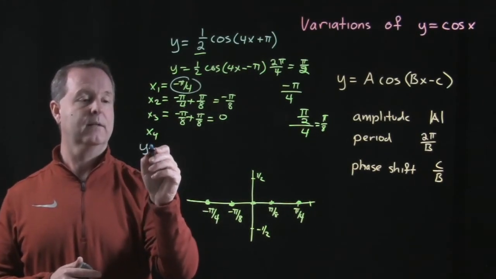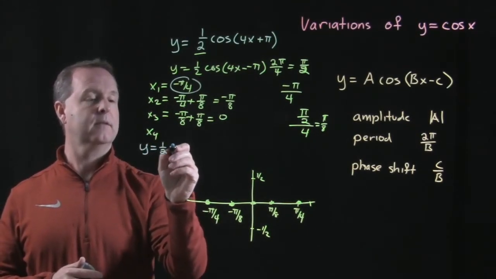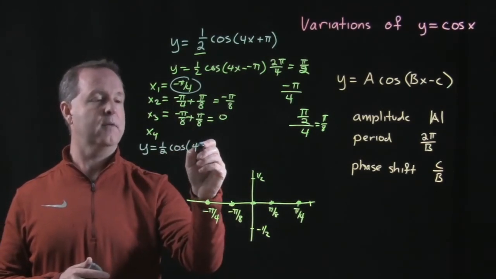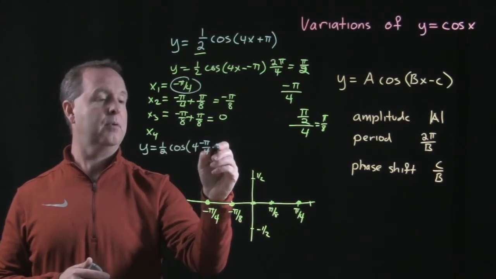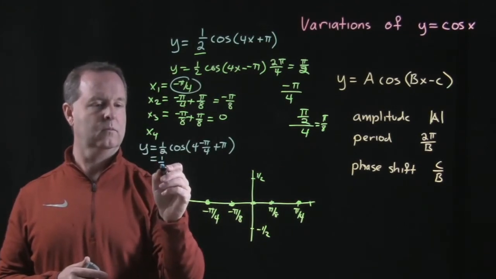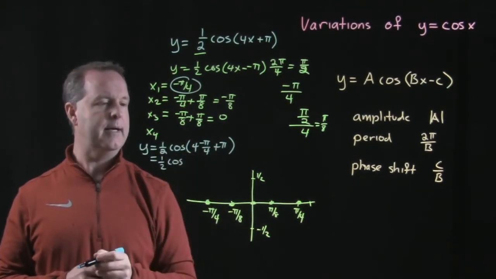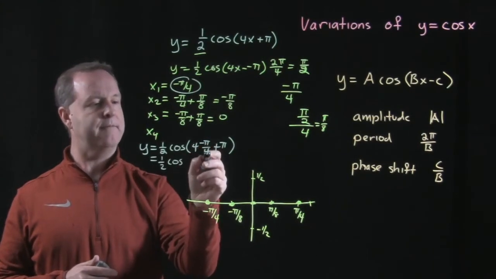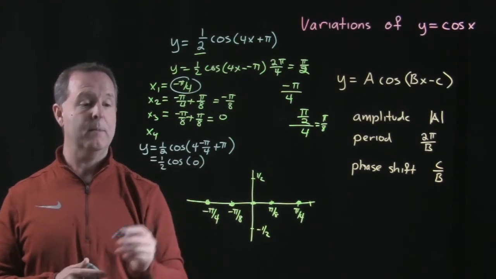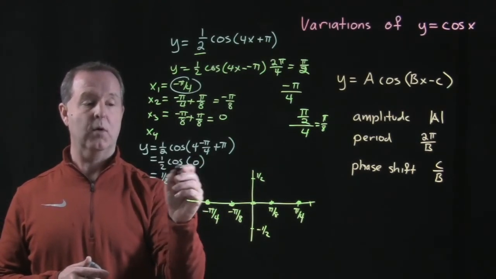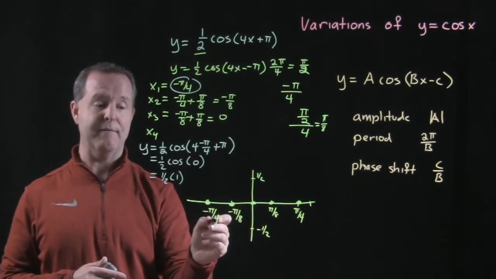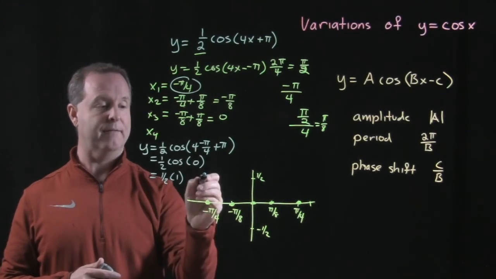So y equals 1/2 cosine of 4 times my x, which is negative pi fourths, plus pi. 4 times negative pi fourths, the fours cancel, negative pi plus pi, I get the cosine of 0. Cosine of 0 is 1.